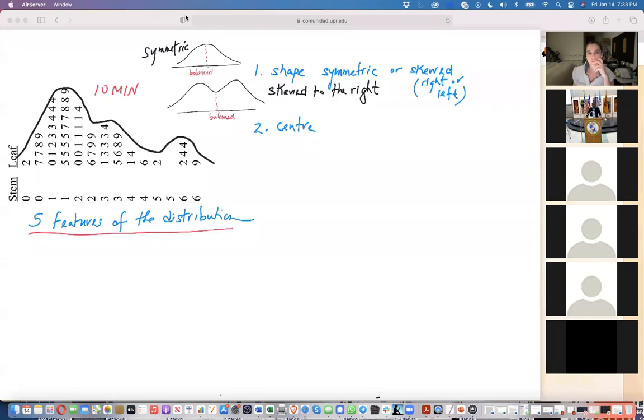So, center. The center of the distribution.